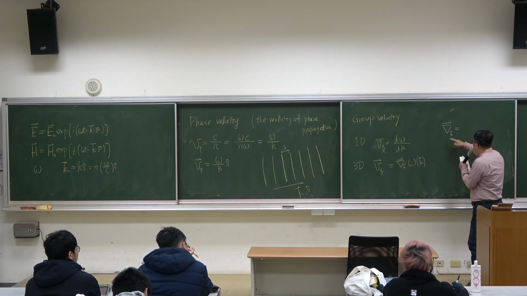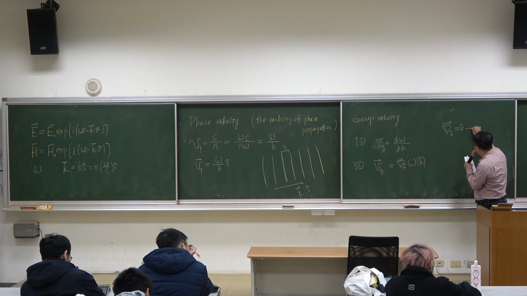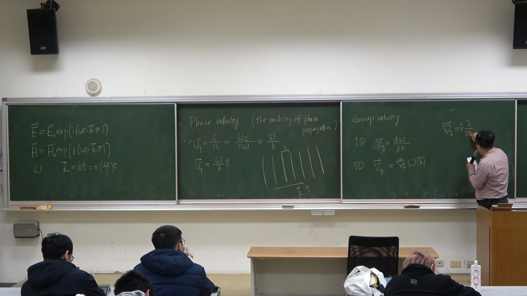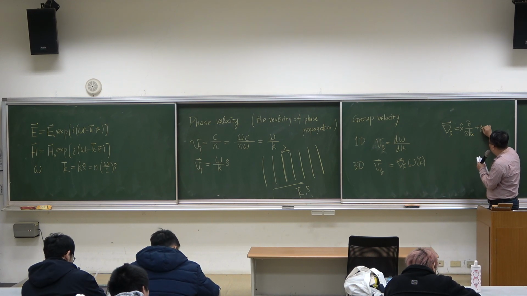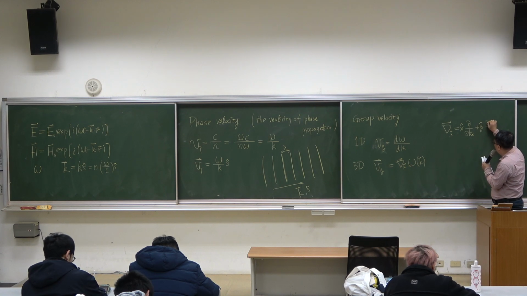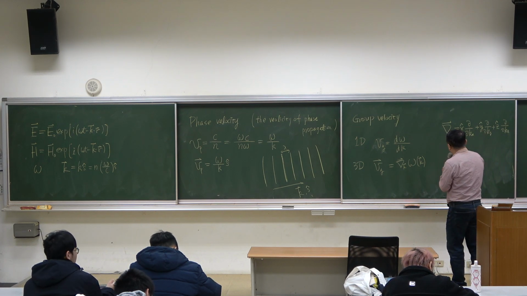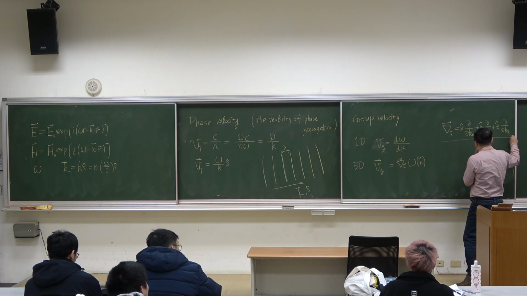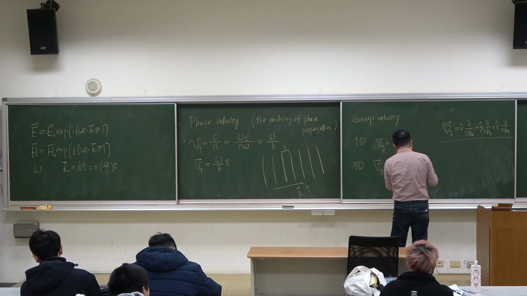Okay, so del k means along the x direction you do the partial derivative with respect to kx, and along the y direction you do the partial derivative with respect to ky, and along the z direction you do the kz partial derivative. Okay, this is the definition of this notation, this k space del operator.